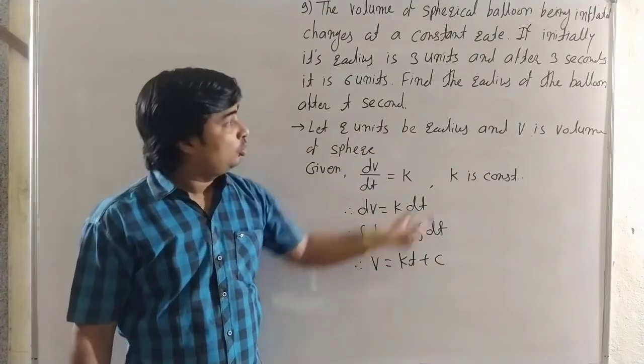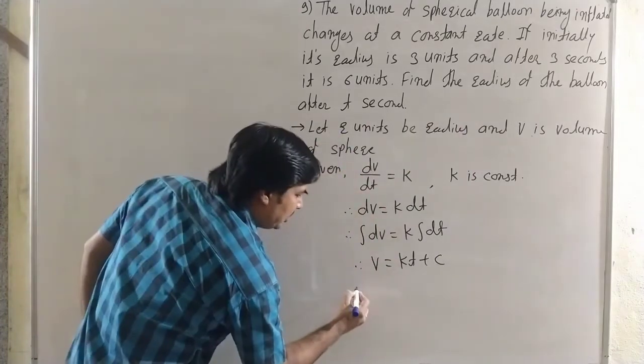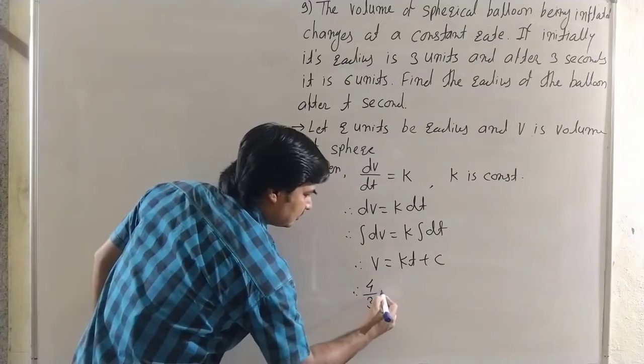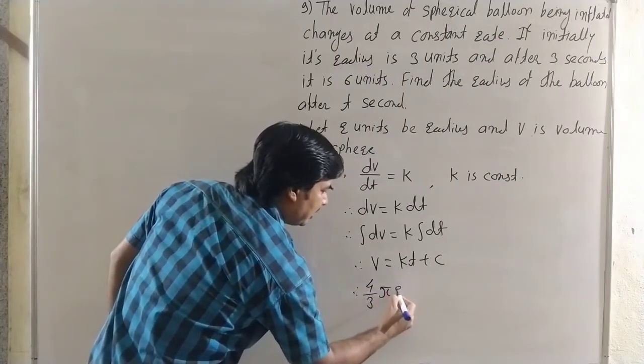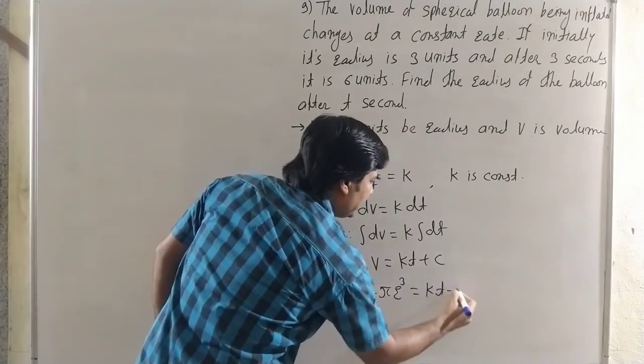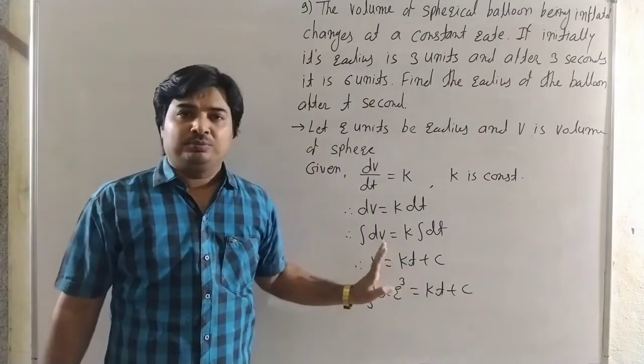This is the solution of the differential equation. Since V is the volume of the sphere, 4 by 3 pi r cube is equal to kt plus c. Now here it is our solution.